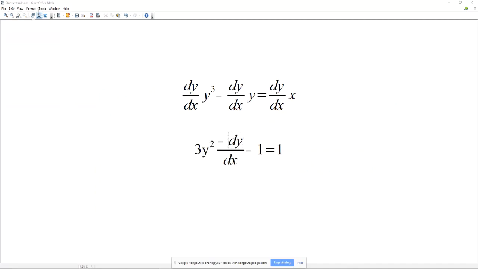Nope, that's not right. 3y squared minus dy/dx. Let's see, this should all. I really hate this program. This is supposed to be an isolated term. This needs to be.